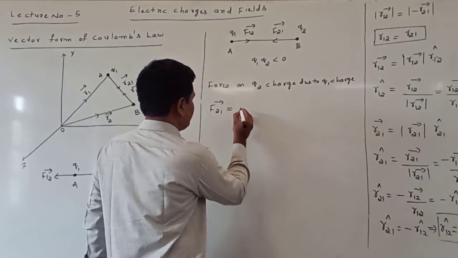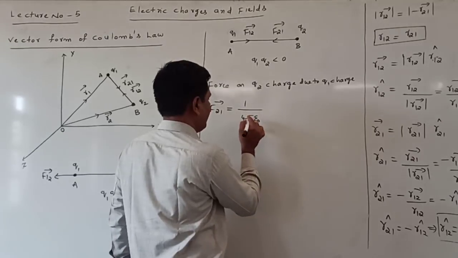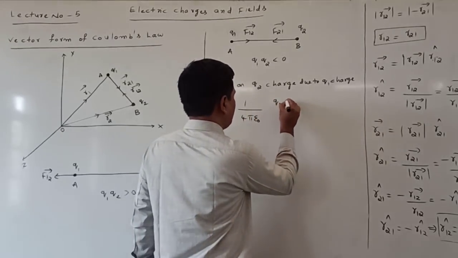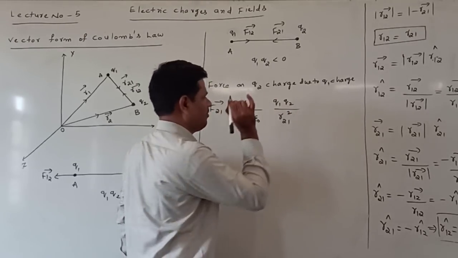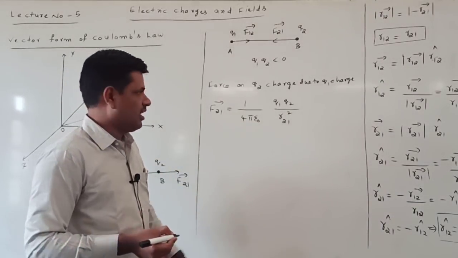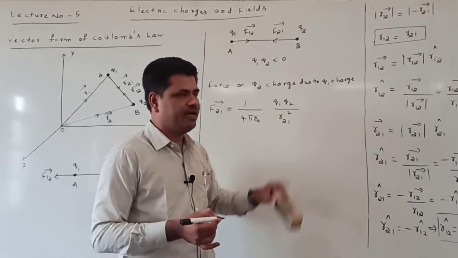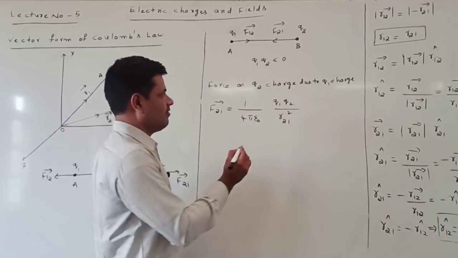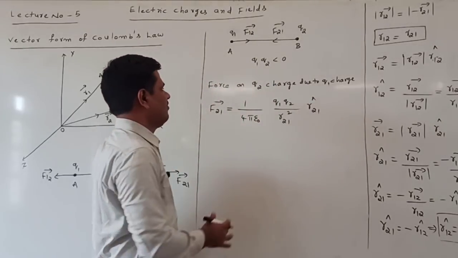In vector form, 1 by 4 pi epsilon naught Q1 Q2 by r21 square. Up to this, the magnitude is completed. Any vector can be written as its magnitude into unit vector. Now I write the unit vector, r21 cap. This is called the vector form.